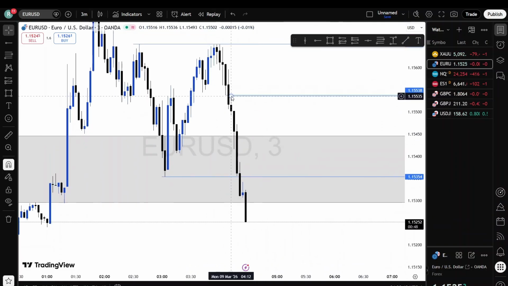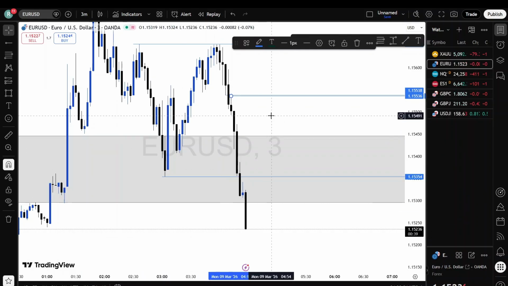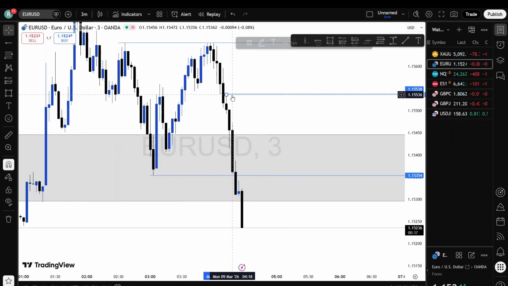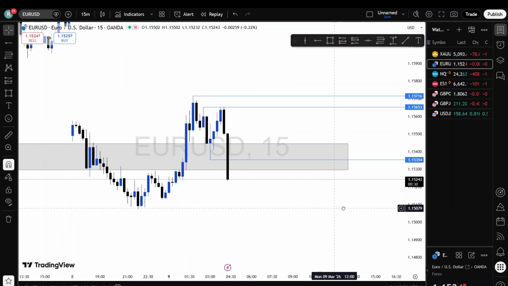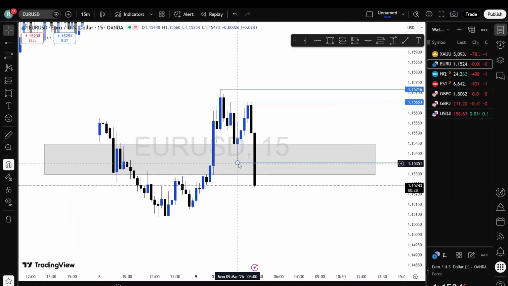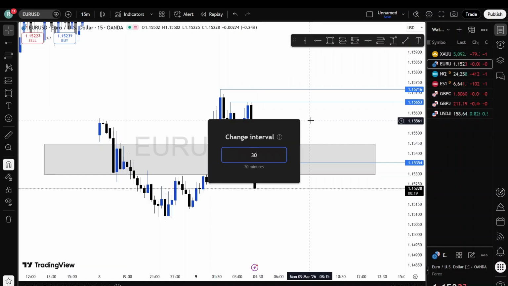Then, as soon as this FVG got created and this third candle got closed, it started melting down, hunting for this liquidity. But we didn't have any confirmation, so we did not take any trade on the selling side.